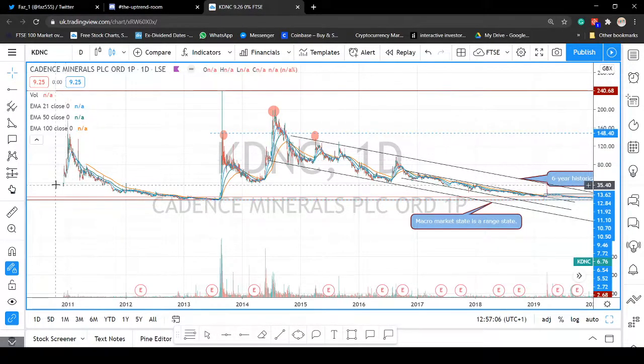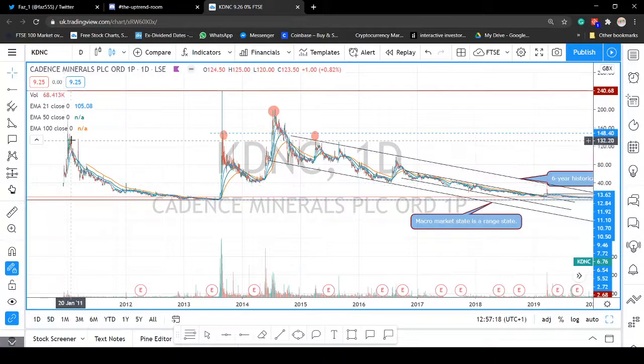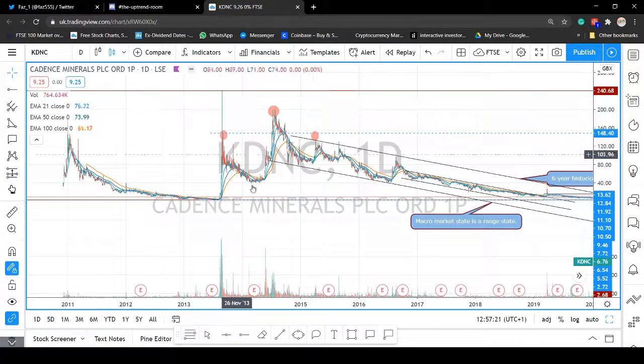Well, the stock's been around since early 2011 or late December 2010. It started off as a bit of a range, as you can see. Price went up, price came down, consolidated along the bottom, came back up, consolidated, came back along the bottom, came back up into a bit of a range.